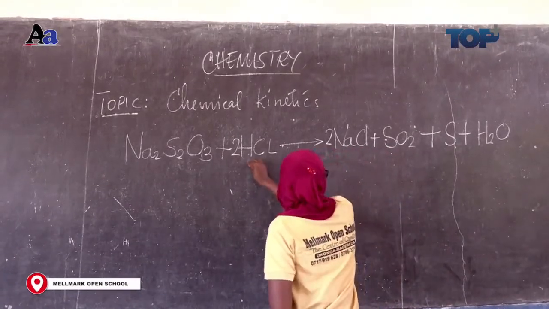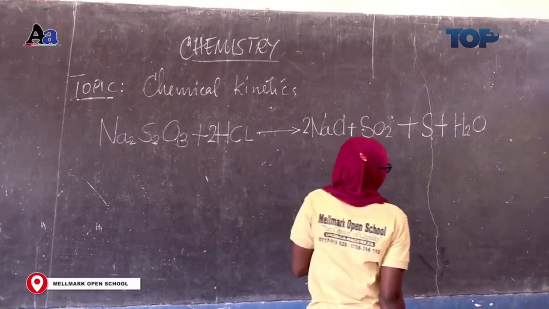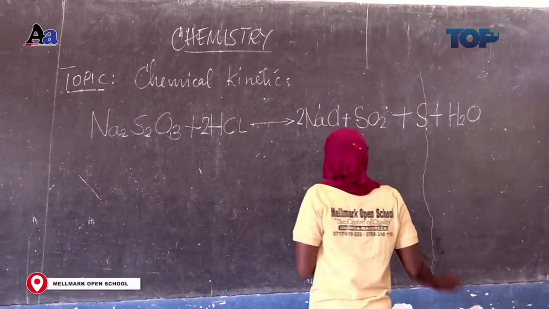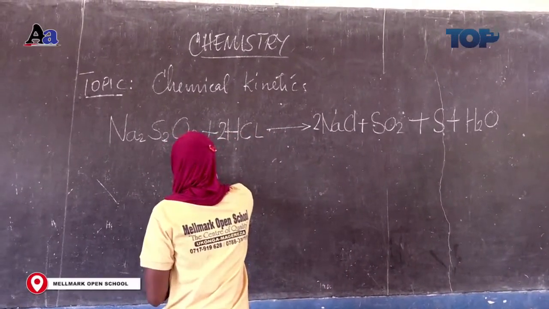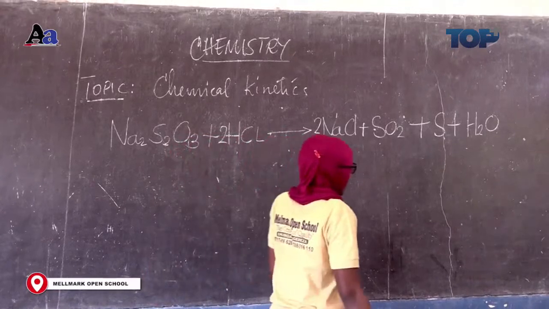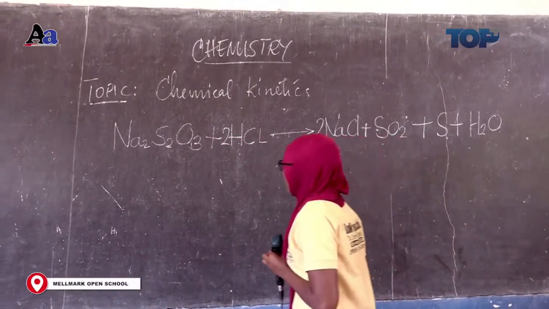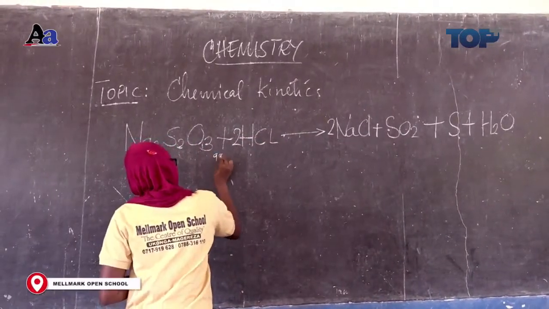Also, we have two hydrogen in reactant side. Also, we have two hydrogen in product side. Also, we have 3 carbon in reactant side. Also, we have 3 oxygen in reactant side. This is aqueous.